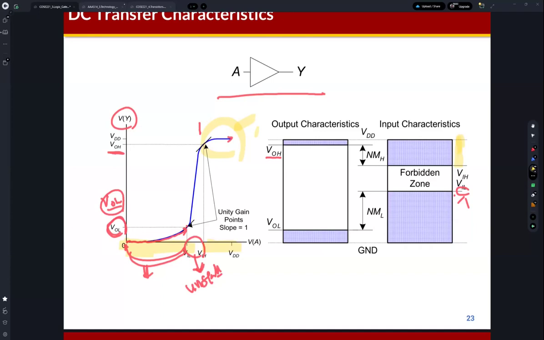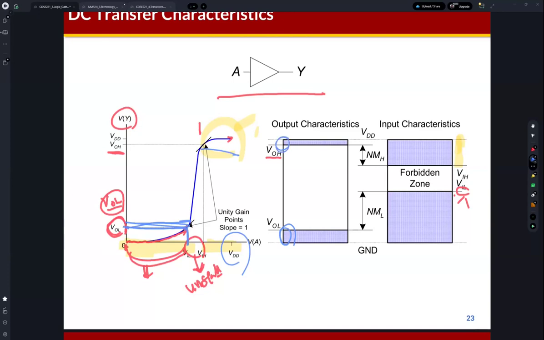And then for the output. So we can say that this is the output value for the stable input. For this input, the upper range is low. The upper range is here, okay? And then for this stable input range, the output range is here.